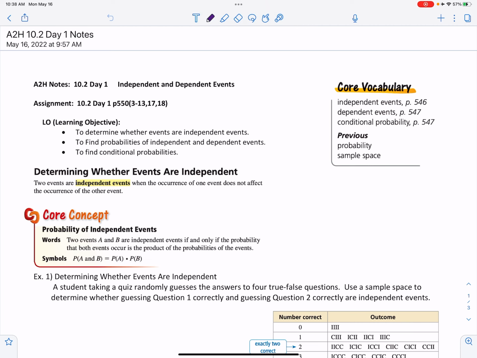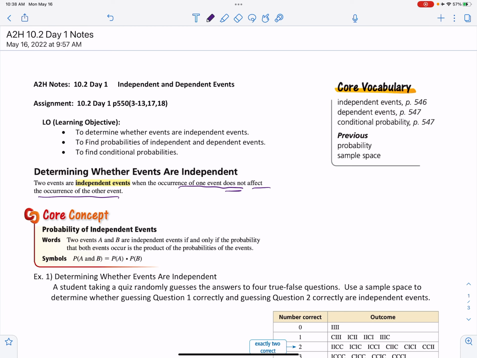Two events are independent when the occurrence of one does not affect the occurrence of the other event. Very typically, that's if we have different items in a bag and we grab one and then we replace it before we grab another one. So it's as if the second time we go to grab something, it's starting just like it did the first time.